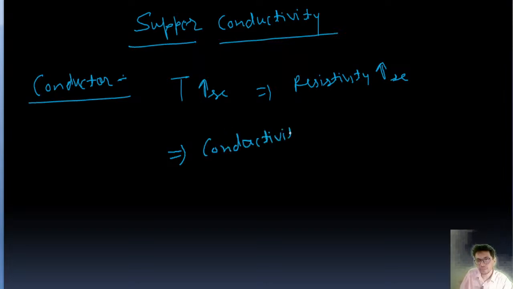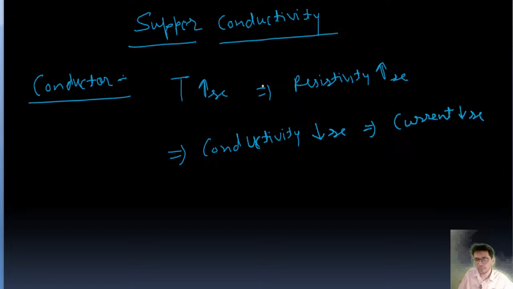Conductivity will decrease. That means current will decrease, right? So this is what happens in conductor. If we increase the temperature, the randomness of motion of electrons will increase, means resistivity will increase. Resistivity will increase means conductivity will decrease, because resistivity is inversely proportional to conductivity.